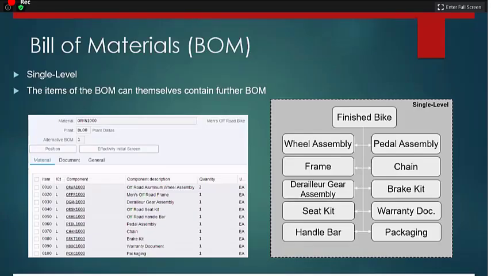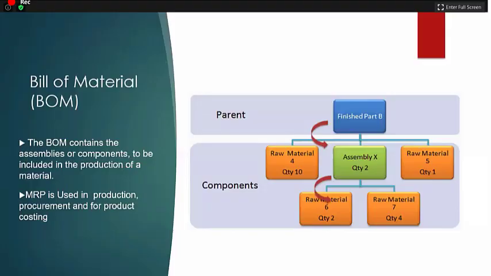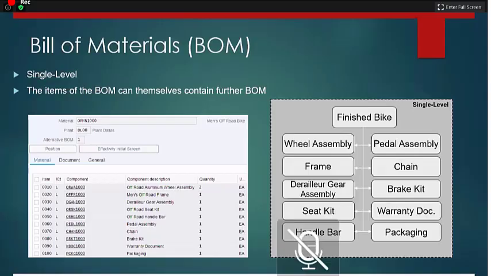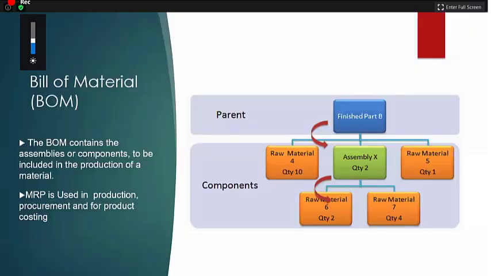First of all, remember that bill of material is like a hierarchy, where you can see how you can create your product. You can have an assembly, and then you can have many branches. They say that the bill of material is single level.